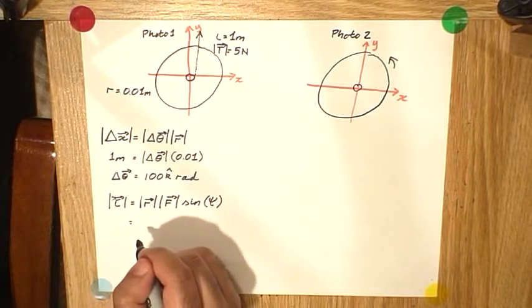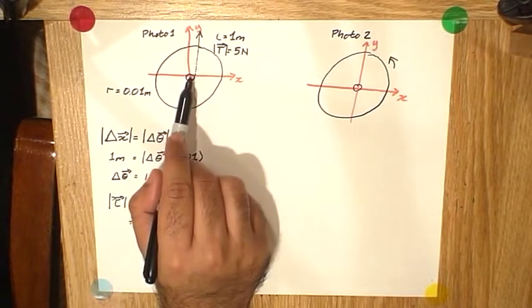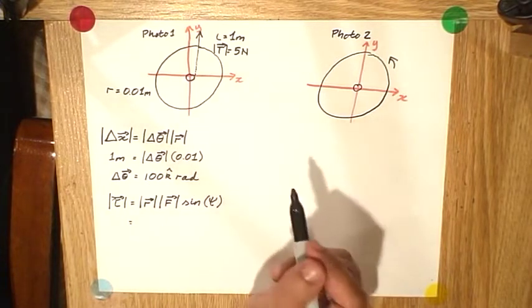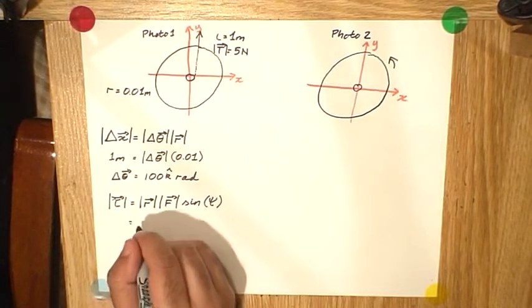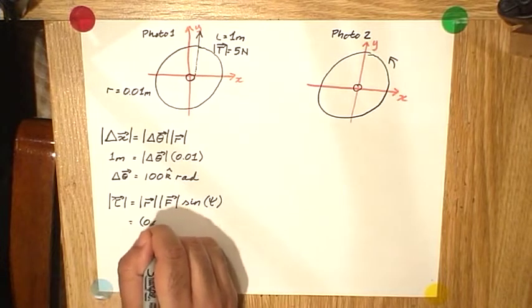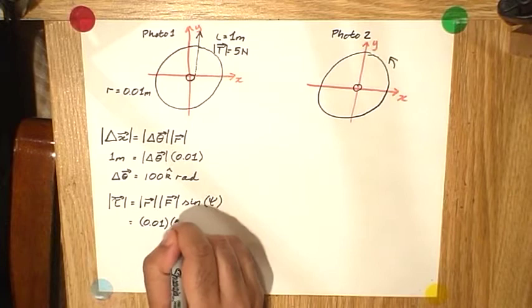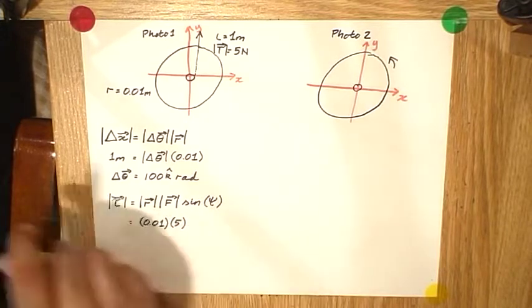So that's going to work out to, the lever arm is, in this case, just the distance from the center of rotation to where the force is being applied. That's equal to the radius of the shaft, which is 0.01, times the force, 5 newtons, times the sine of the angle between them.